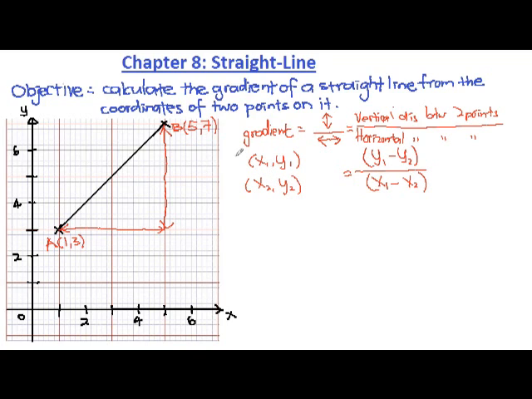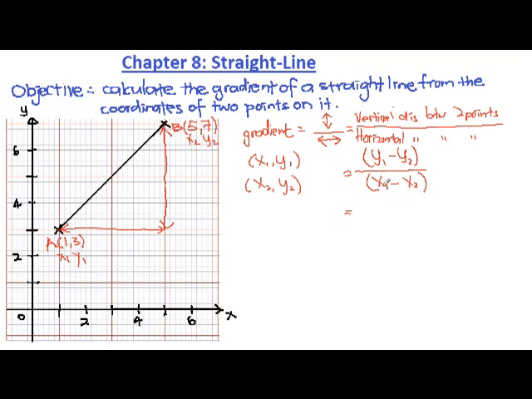x1, y1, x2, y2 can be the coordinates of any 2 points. For instance, if I choose A to be my first point, x1 is equal to 1 and y1 is equal to 3. x2 is equal to 5 and y2 is equal to 7.